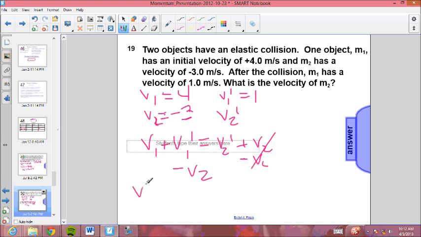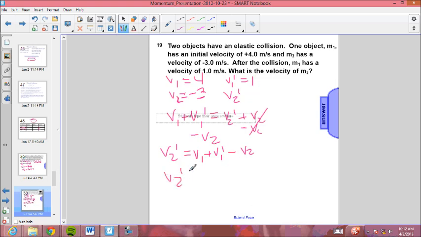So now we've got V2 prime equals V1 plus V1 prime minus V2. Our V1 was 4, our V1 prime was 1, so 4 plus 1, minus V2, which was negative 3. Now we've got minus and negative, which makes one big plus sign. So our V2 prime is going to equal 4 plus 1 is 5, plus 3 is 8 meters per second.